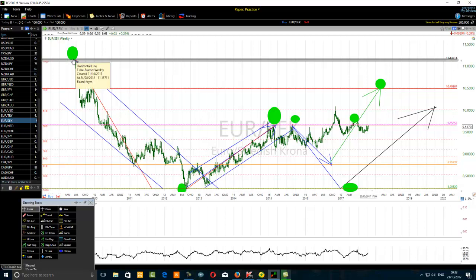So you apply Fibonacci extension from here to here, so your extension will be up here. Because if you apply it from here to here, your extension will be down somewhere here. Apply it from here to here and highlight the 138.2% Fibonacci extension level of the move from here to here.